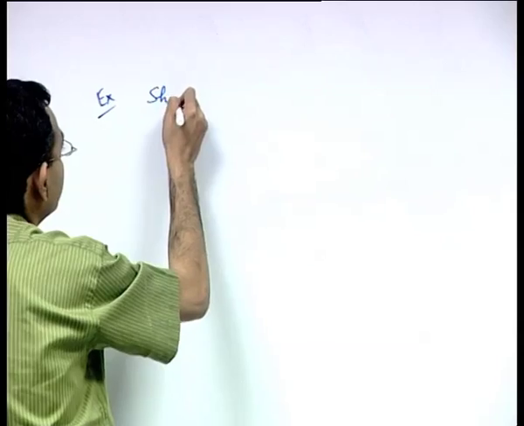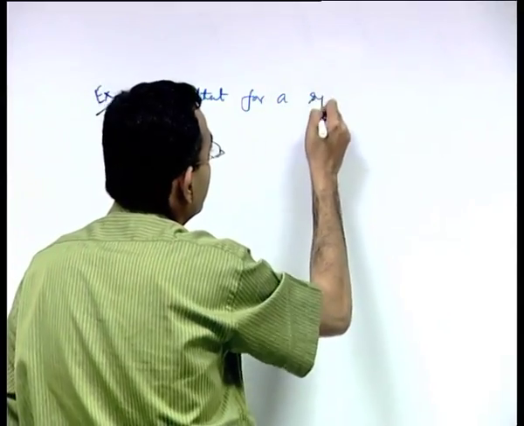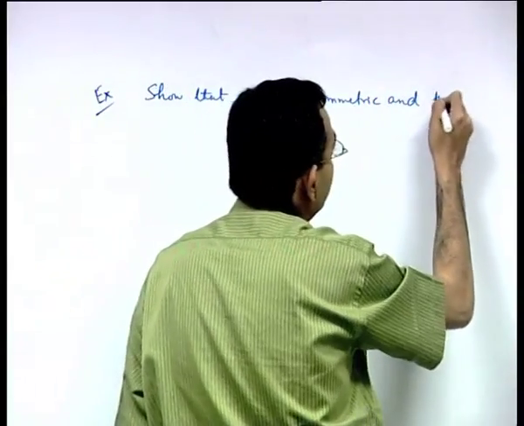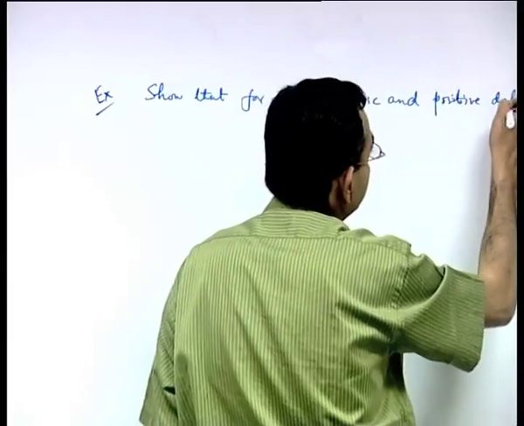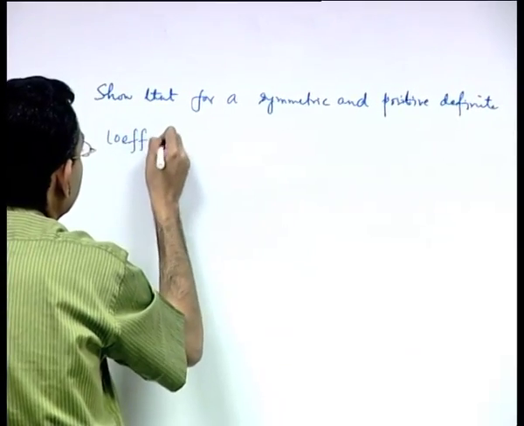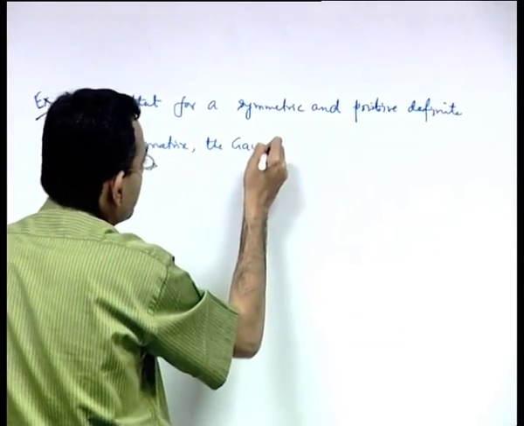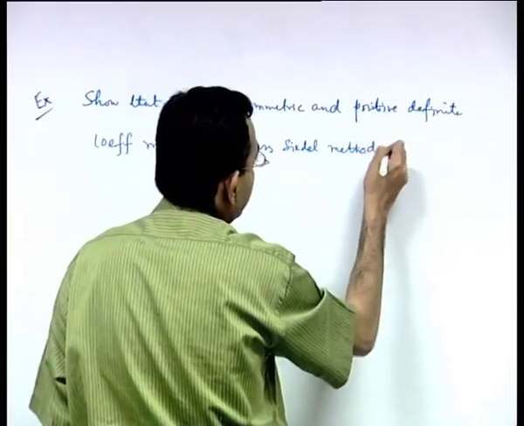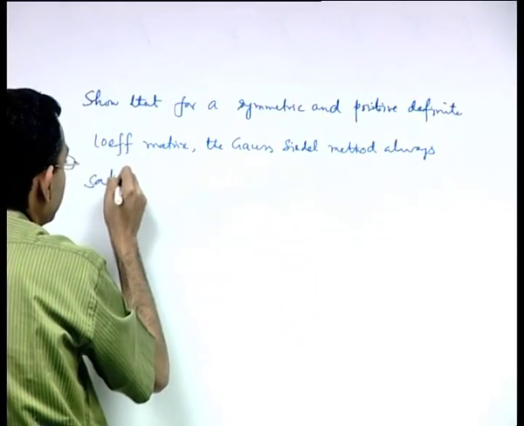Show that for a symmetric and positive definite coefficient matrix, the Gauss-Seidel method always satisfies the sufficient condition for convergence.